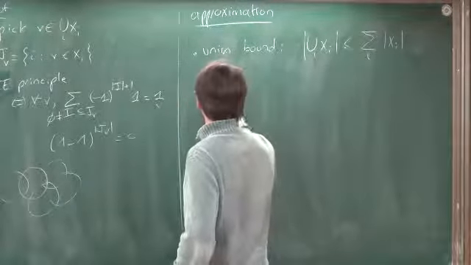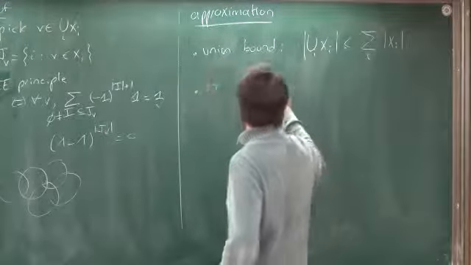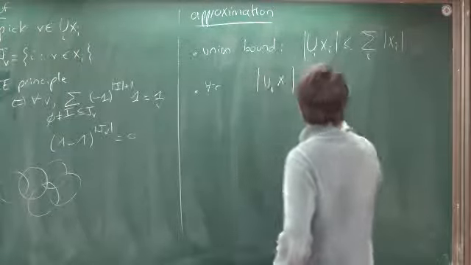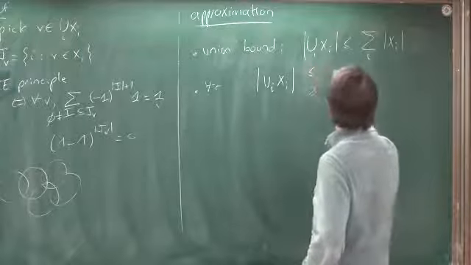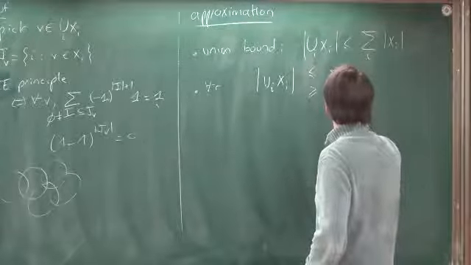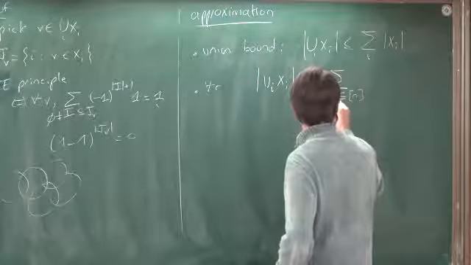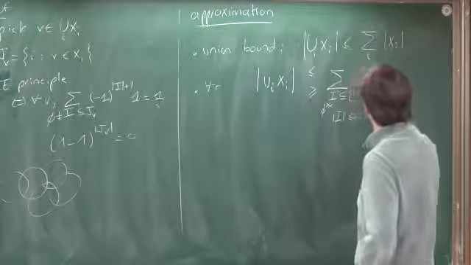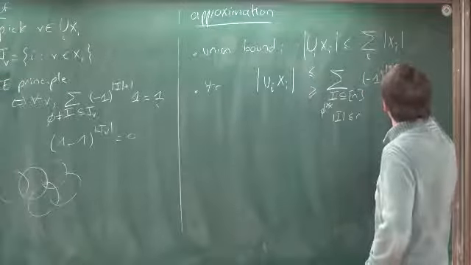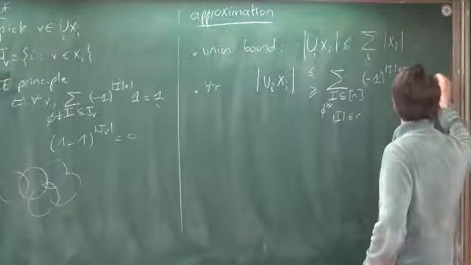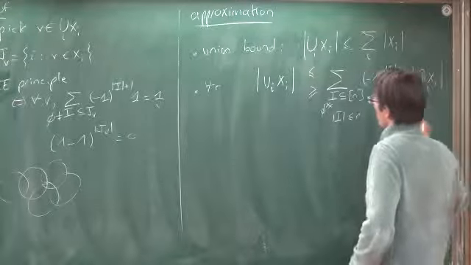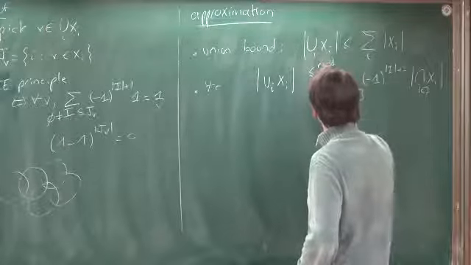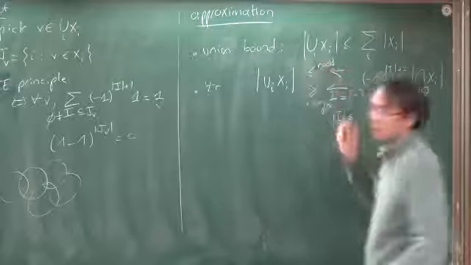So, for any r, the union of the xi is less or more than the sum limited to subsets of size at most r: when r is odd, you get an upper bound, and when r is even, you get a lower bound.